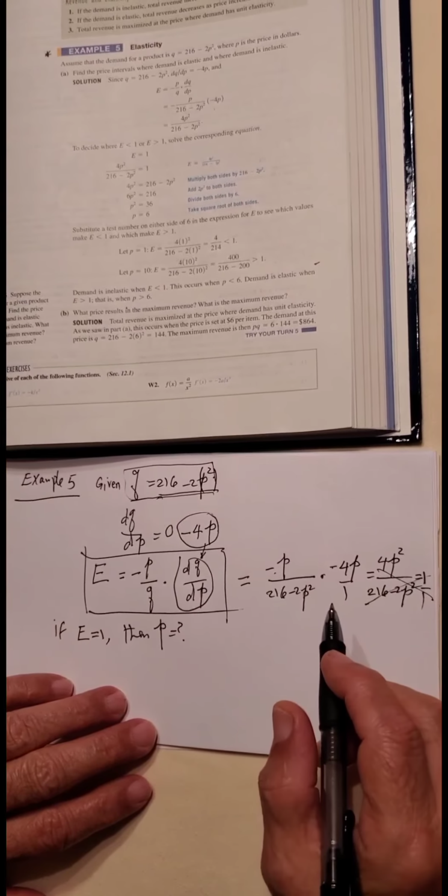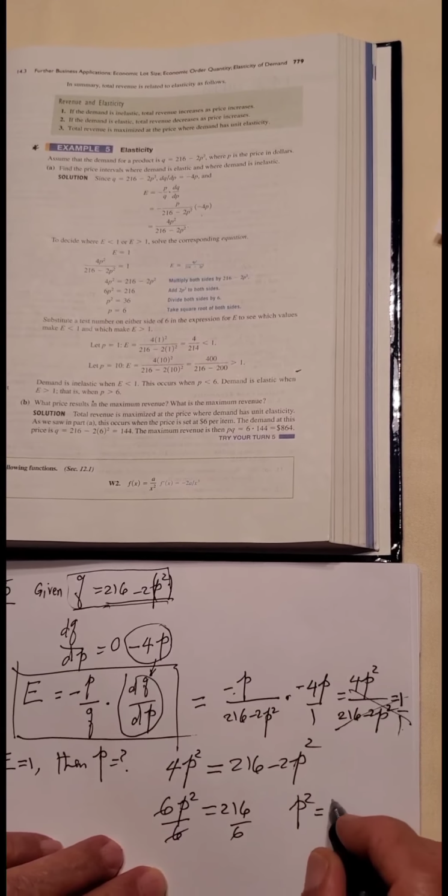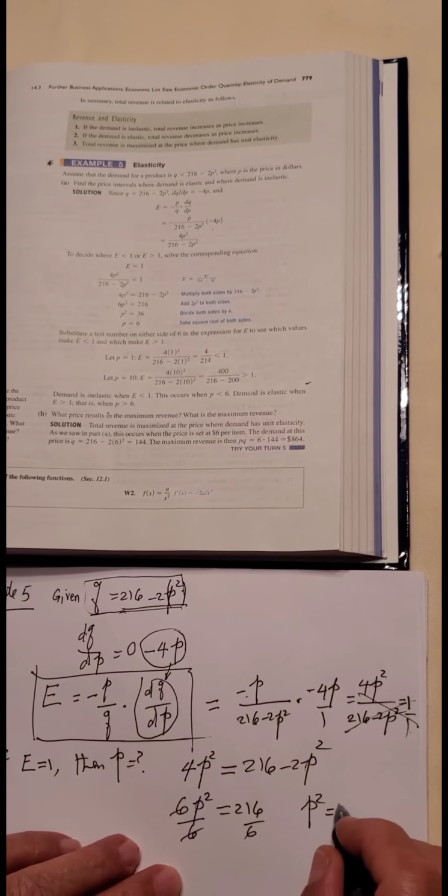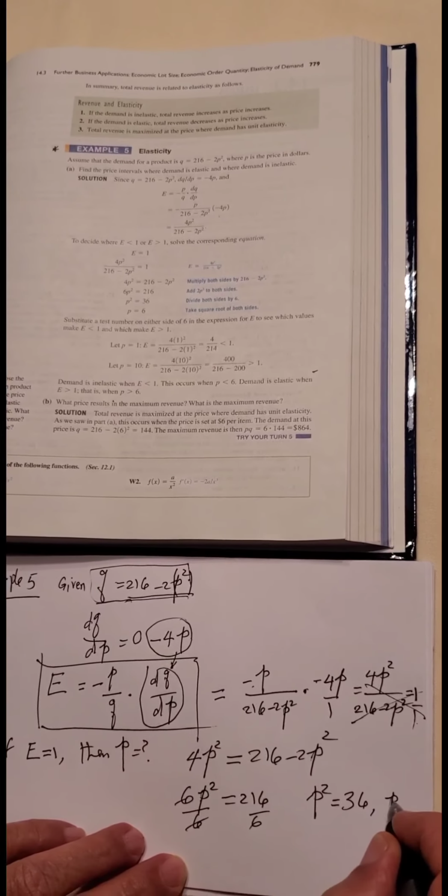You add 2p squared to both sides, this would be 6p squared, like 2 apples and 4 apples would be 6 apples, equal to 216, and divide both sides by 6. 6 cancels. So p squared would be 216 over 6, which is 36. Therefore, p is equal to 6.